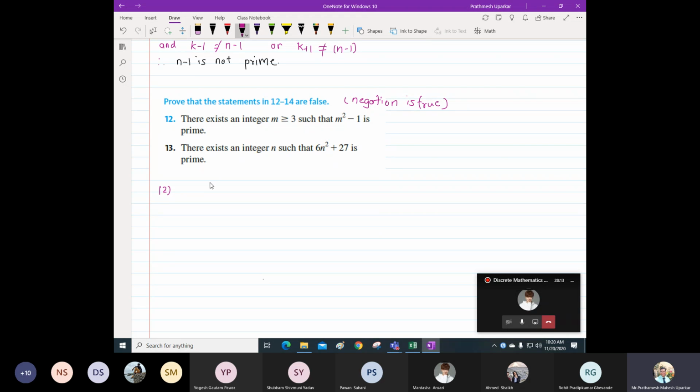यहाँ पे there exist बोला है, तो उसका negation क्या होगा? For all. So for all m greater than or equal to 3, m square minus 1 is not prime. ये कैसे प्रूव करेंगे?